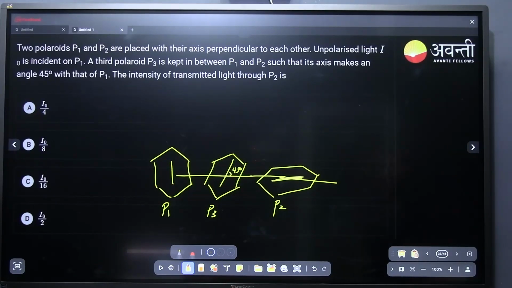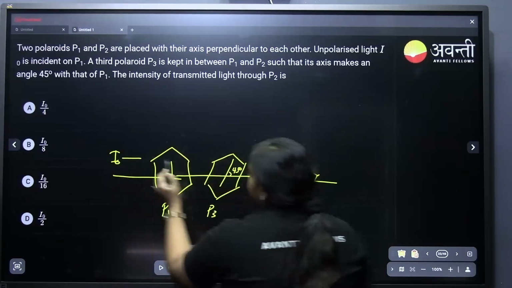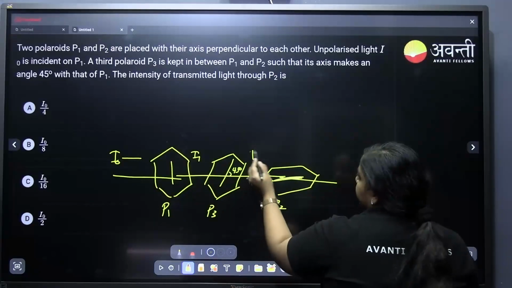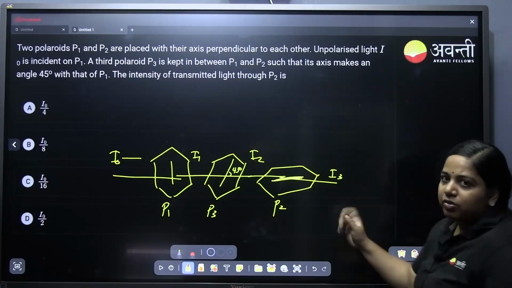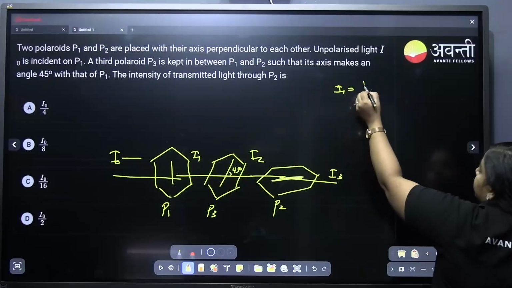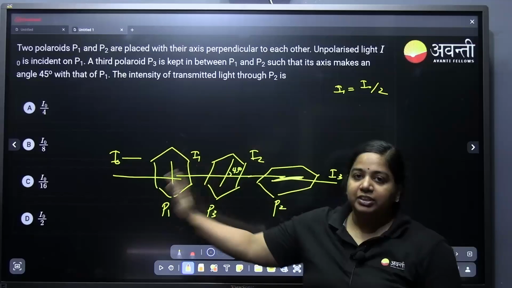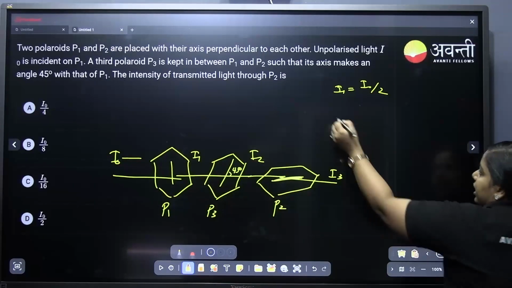Initially unpolarized light of I0 is coming. After P1 it will become I1, after P3 it will become I2, and here it will become I3. We have to find I3. I1 is equal to I0 by 2. After the first polarizer, the intensity becomes half, as we already said.